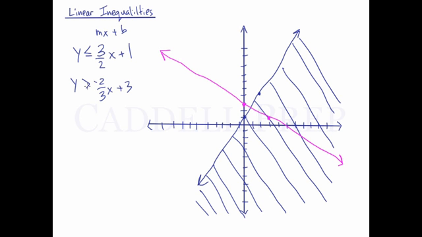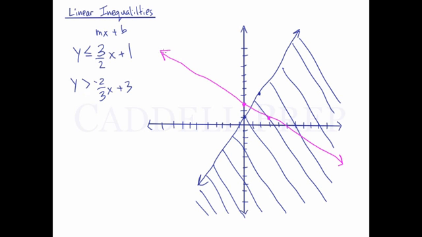But we have a difference here. First thing to note is that in this inequality, y is less than or equal to 3/2 x plus 1, so the solution could be on this line. In this inequality, y is greater than negative 2/3 x plus 3, but there's no line here to represent that it can equal it.